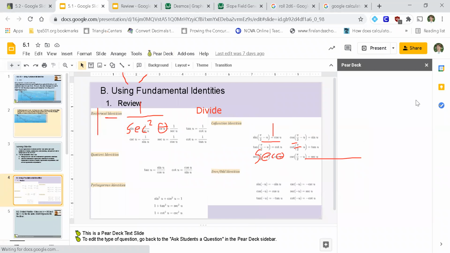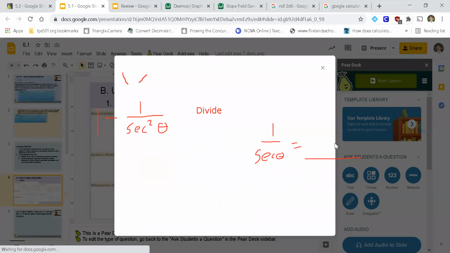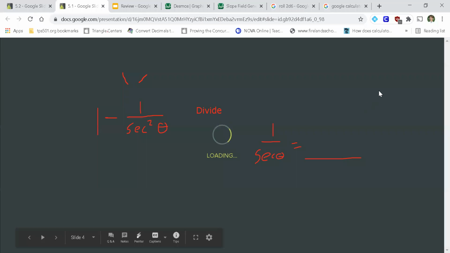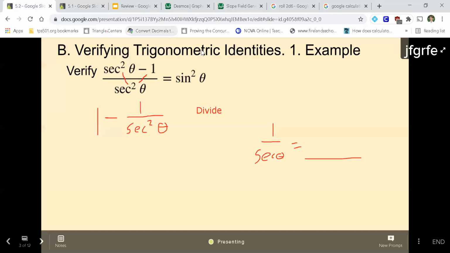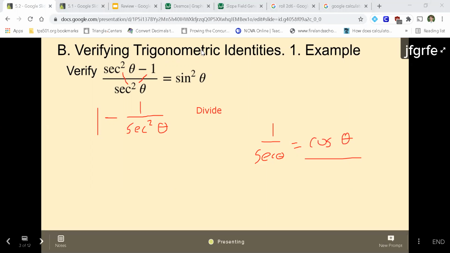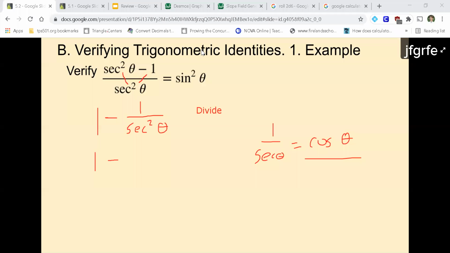So secant is the same as 1 over cosine. So then 1 over secant squared would be the same as cosine squared. That's your reciprocal identity.